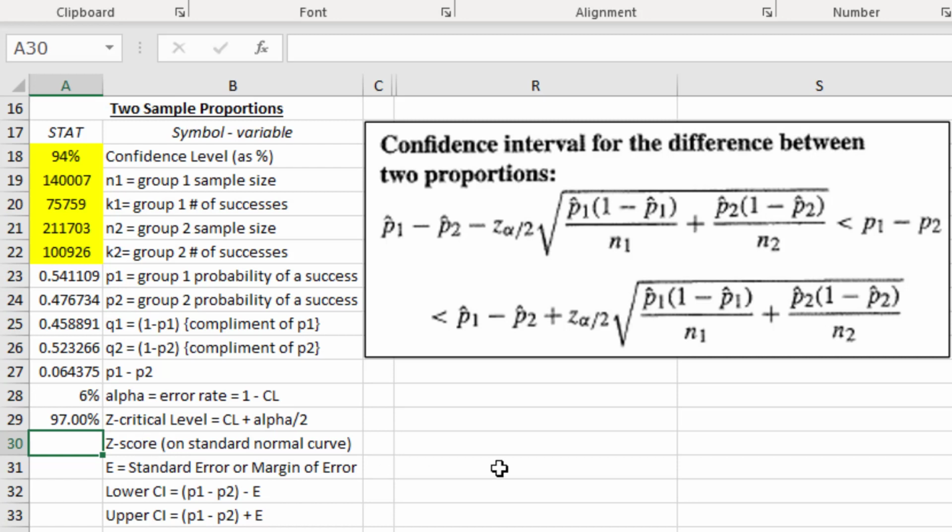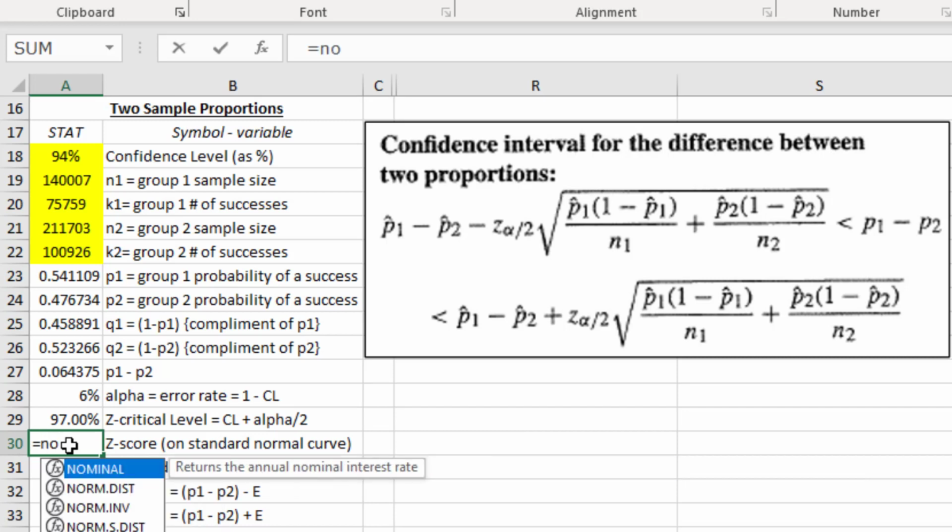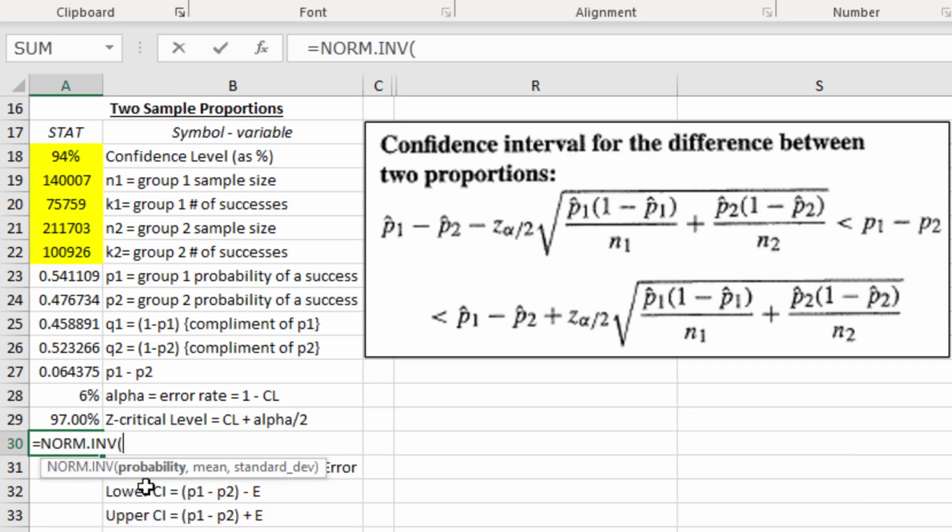Because when we do the Z-score formulas in Excel, they always want us to give them how much area is going to be below this Z-score that we're looking for. So to find the Z-score, we're just going to use the norm.inverse function. So you can see it asks for the probability, i.e. how much area is below it, and that's this one.